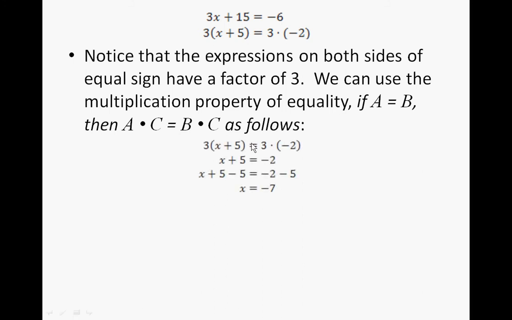Since that is the case, these can go away because we are multiplying both sides by 3. In essence, we can take that out or divide each side by 3. So this becomes now x plus 5 equals a negative 2, which now gives us an easier equation to solve, and a solution of x is negative 7.